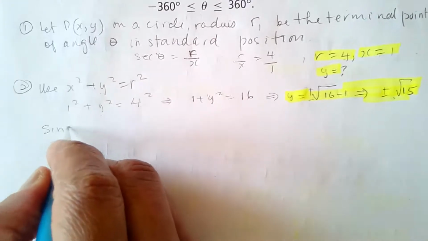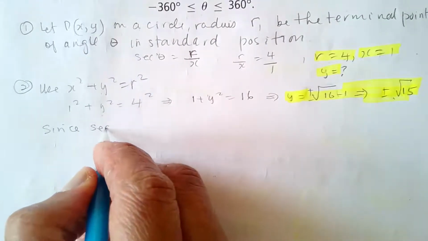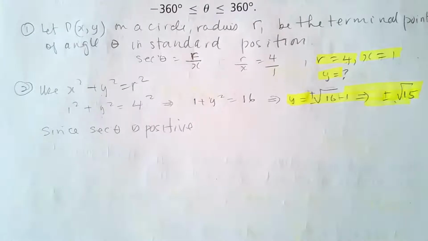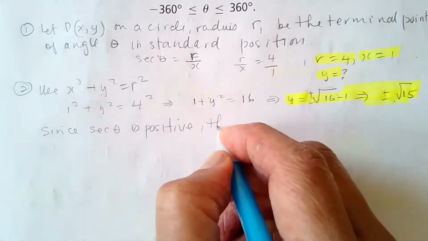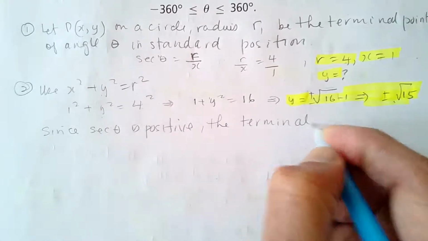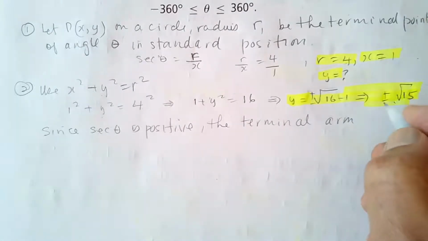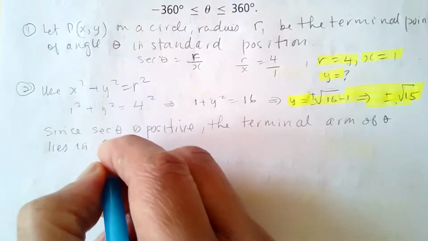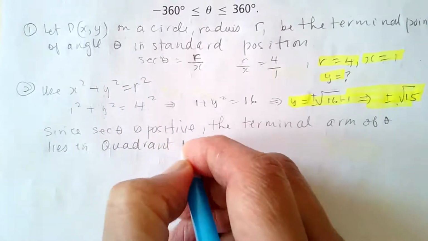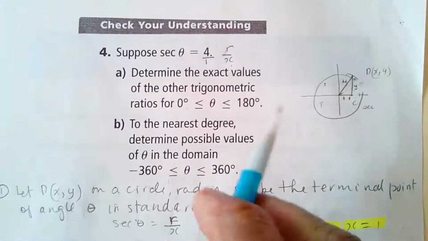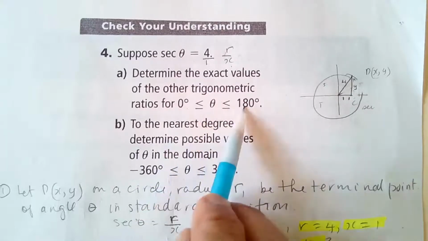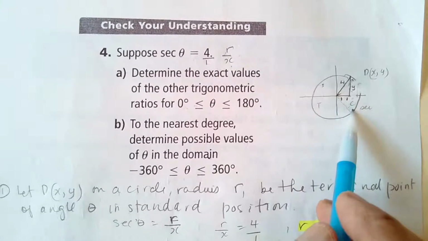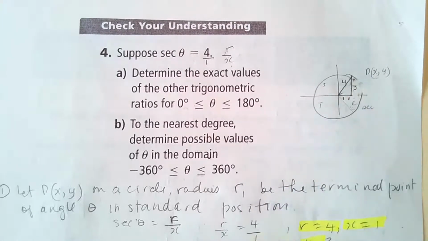So let's state that here, right? So we can say since secant theta is positive, the terminal arm of theta lies in quadrant 1. And we discovered that initially when we were given a restriction between 0 and 180 degrees, and we know there can only be positive in these two quadrants, and quadrant 4 is beyond 180 degrees, so we are restricted to quadrant 1.